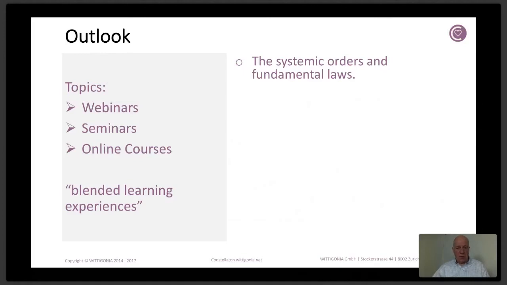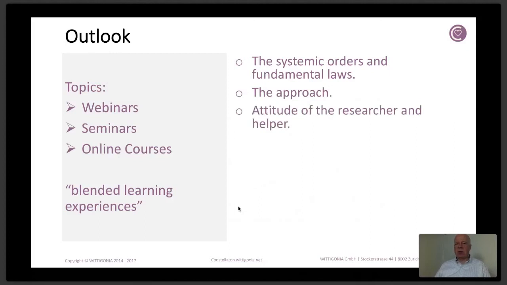Okay, so let me switch back to the upcoming topics. As I mentioned last time, there's more to say about the systemic orders and the approach. A specific topic will be about the attitude. It's something we highlight again and again for those who are working with systemic constellation, to work with a specific attitude. I will also highlight the differences between the classical way of family constellation and what is now being called the new constellation work, as developed by Bert and Sophie Hellinger.